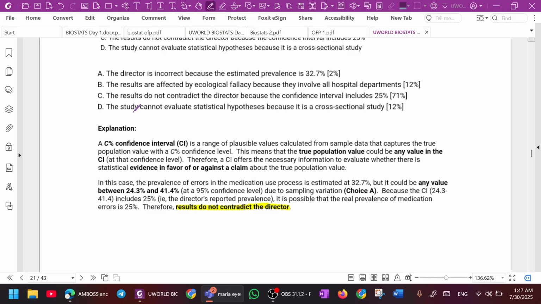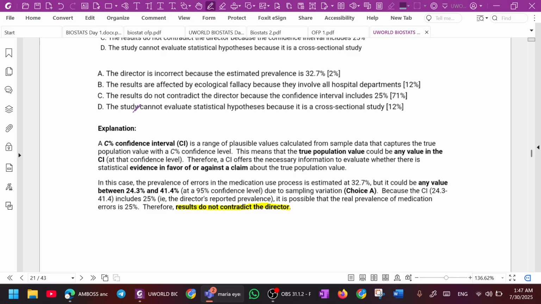So they are asking why did the director say 25% error, but then they did the study and it's 32% error? Kind of like they're asking what does that mean? But they're telling you this doesn't mean anything because the 25% is still inside this interval, 24 to 41.